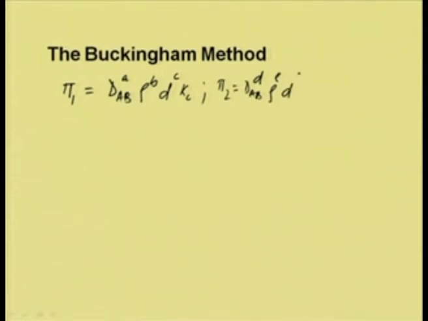Now, we can write pi 1 is equal to dAB to the power a, rho to the power b and d to the power c, that is the core group, and we will include the other excluded variable, that is Kc, and pi 2 is equal to dAB to the power d, rho to the power e, d to the power f and V, and pi 3 is dAB to the power g, rho to the power h, d to the power i and mu.